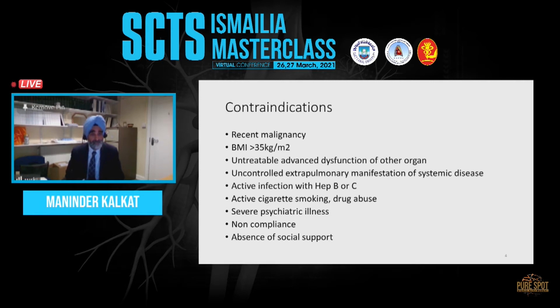Patients with high BMI, untreated advanced dysfunction of the other organs, uncontrolled extrapulmonary manifestation of a systemic disease, active infection with hepatitis B or C, a patient who continues to smoke, and a person who is non-compliant and doesn't have good social support, it will be difficult for them to be accepted.